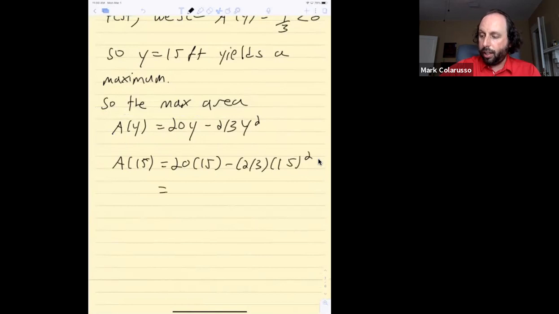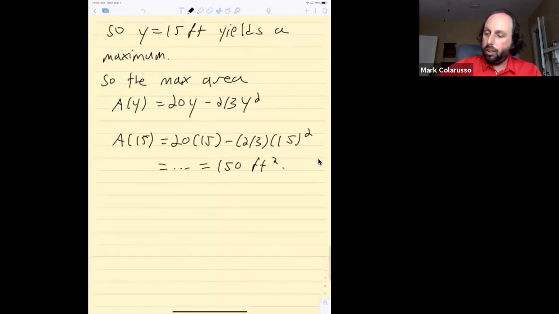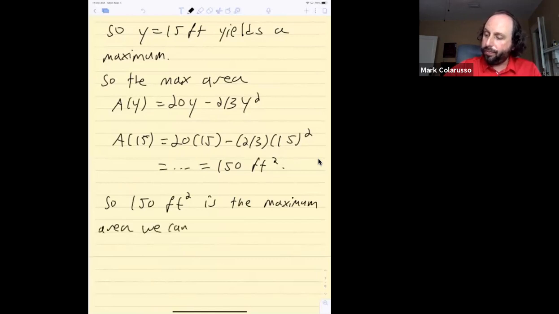If you work this out on a calculator, you should get 150 square feet. So that's the maximum area we can enclose with our budget. So 150 square feet is the maximum area we can enclose with our budget.